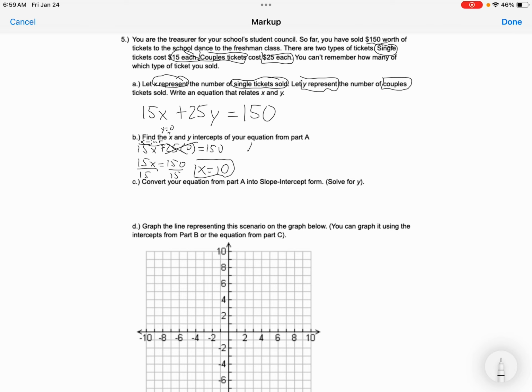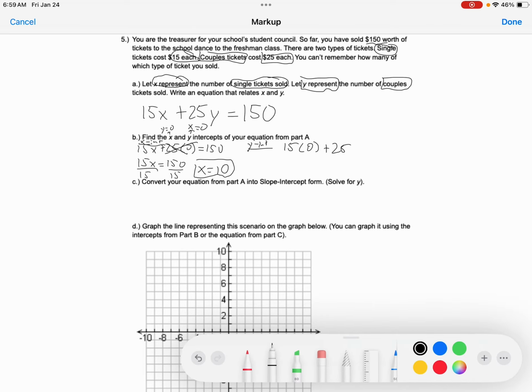Now to find the y-intercept, we're going to substitute in x equals 0 into our equation. So we have 15 times 0 plus 25y equals 150.